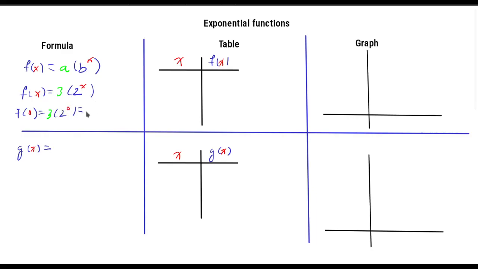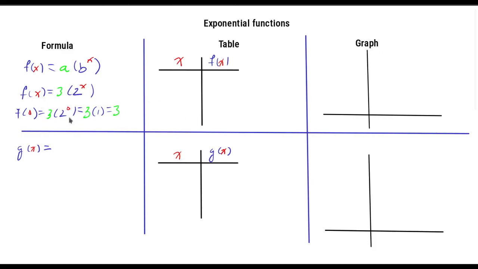So this is the same thing as 3 times 1, which is just 3. So the a here is just f of 0. It's the initial value, or the y-intercept if we graph this. So a is the f of 0 value.